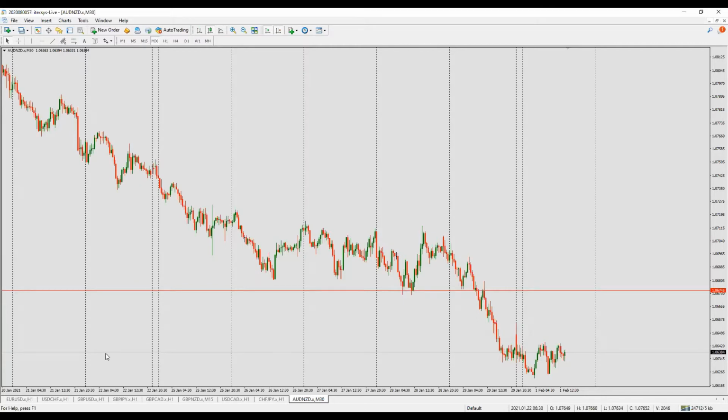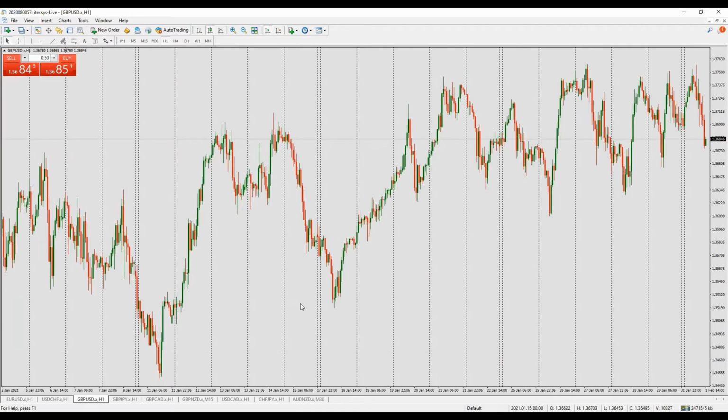We will switch now to the pound against the dollar, and many of the pound pairs, not all of them but many of them, give you the same unclear picture, at least for me.